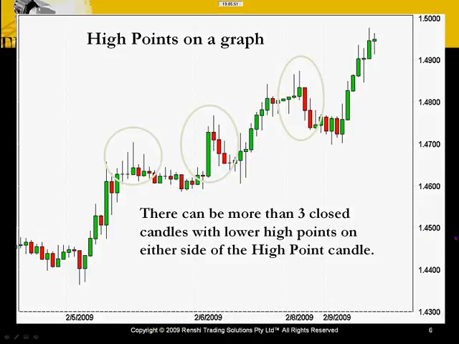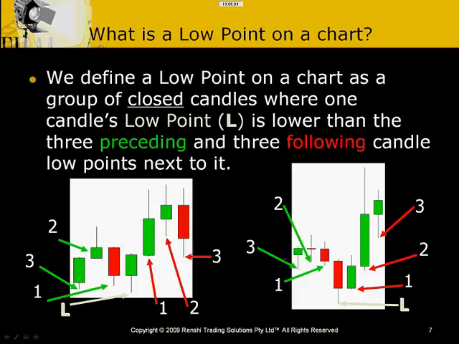So to find the low point, it's exactly the opposite. We find the lowest part of a candle, 2 or 3 higher candles to the left, 2 or 3 higher candles to the right.